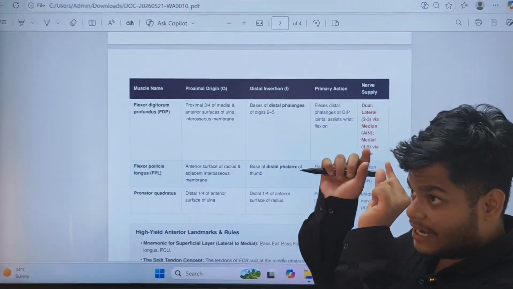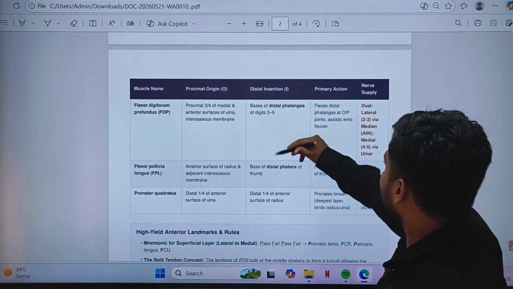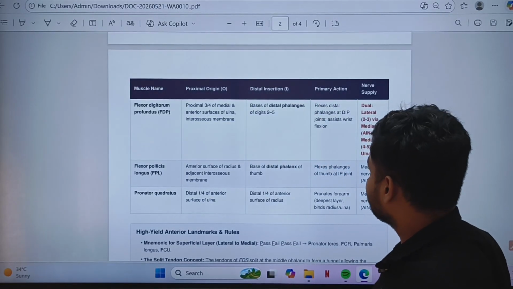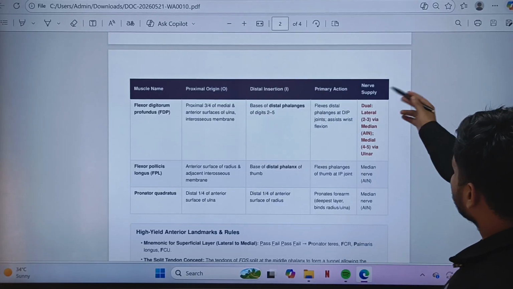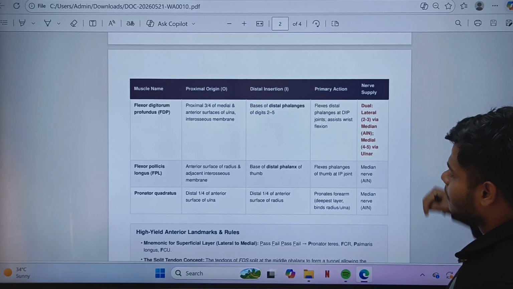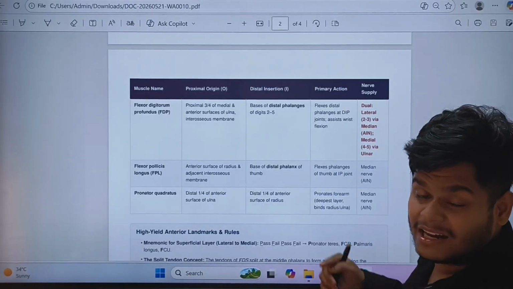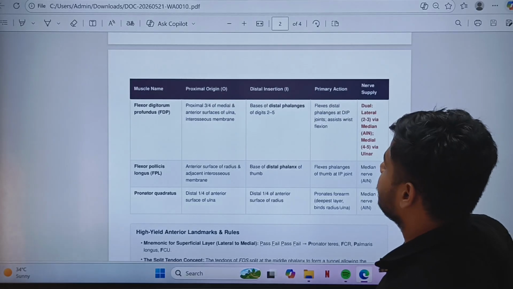We have seen that these borders are very sharp. Distal insertion is on the base of the distal phalanges. Primary action is flexion. It has dual nerve supply, the lateral part by the median nerve and the ulnar nerve also.